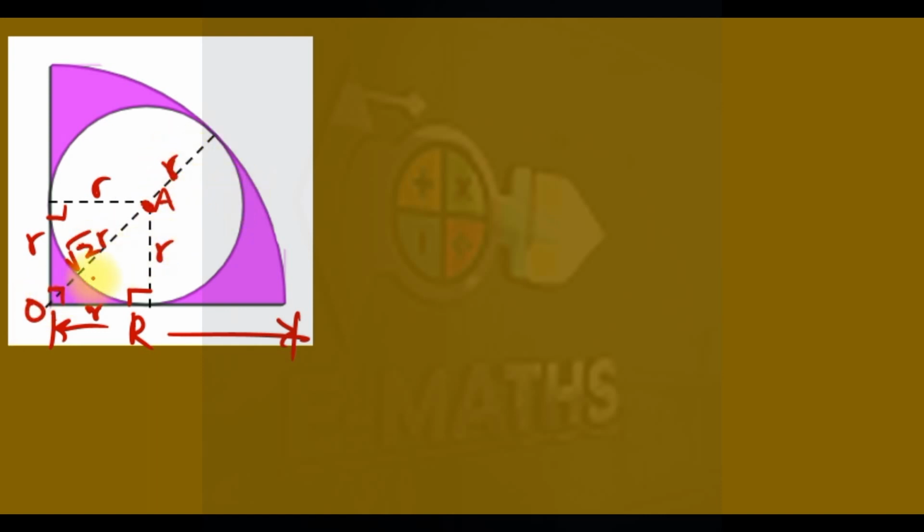So that's it. From here you can see that this is the total. This is also big letter R. Do you get? No, this is also the radius of the big circle. This is also the radius of the big circle.